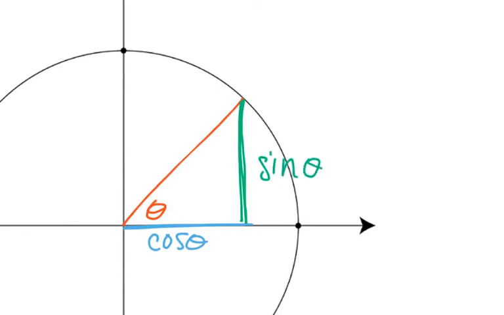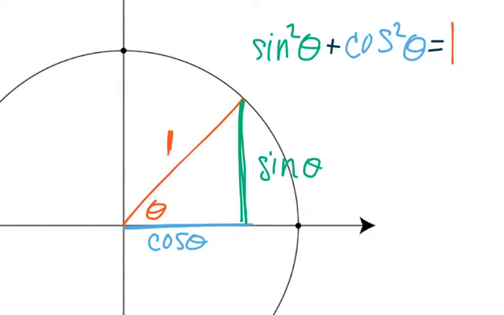Since I'm looking at the unit circle, I know that my hypotenuse here has a value of 1. So by the Pythagorean theorem, I have that sine squared of theta plus cosine squared of theta equals 1. So this is literally just plugging into the Pythagorean theorem.